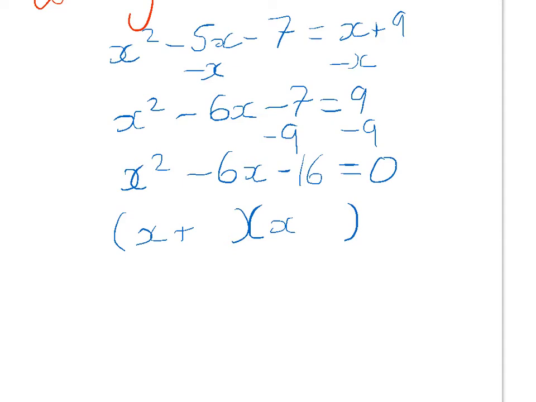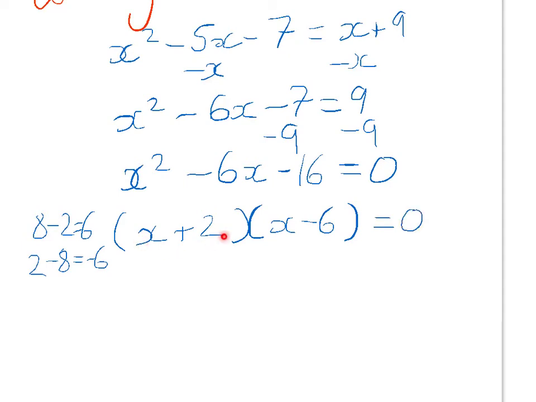I'm going to start off with 2 and 8. One's positive and one's negative. It can either be 8 minus 2, which is 6, or it could be 2 minus 8, which gives us minus 6. And that's what we're after. We're after minus 6. So it's going to be x plus 2, x minus 8... x plus 2 and x minus 8 would give minus 6, so the brackets are (x + 2)(x - 8).